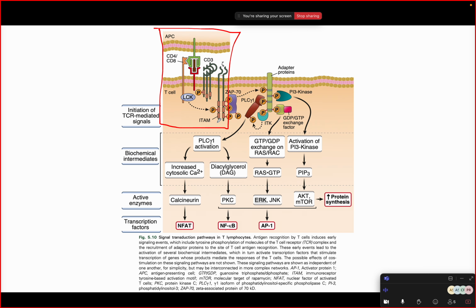Now if we focus on this, we understood what happened. The complex is being made, the co-receptors have been activated, the change in the receptor has taken place. This is the first step in signaling, as I have said, that ligand binding has taken place, or a complex is basically made.